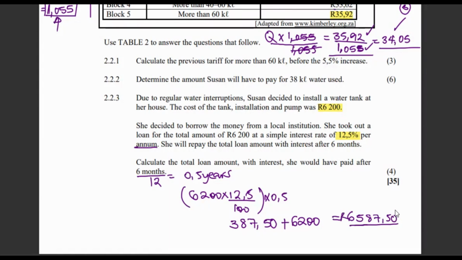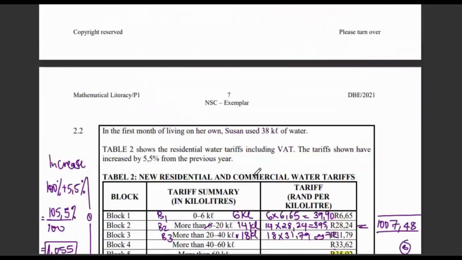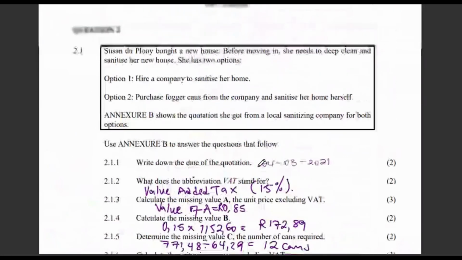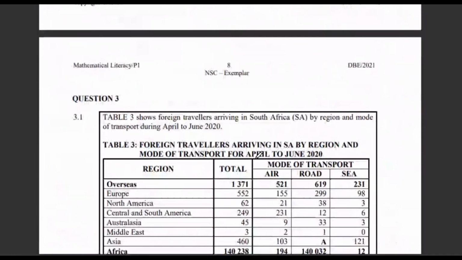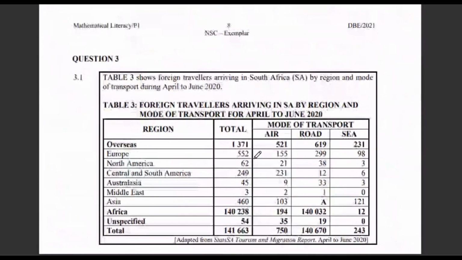Question one will be a mixture of finance and data handling. Question two will stand alone. It's finance. Then question three will stand alone, data handling also. Then if there's question four, they will mix again. And question five, they will mix again.